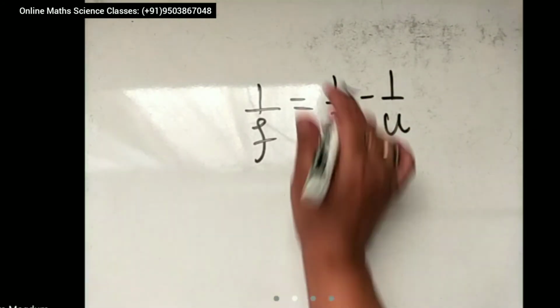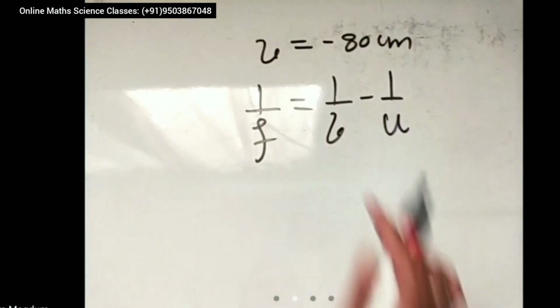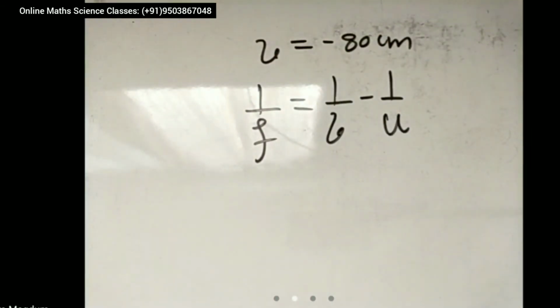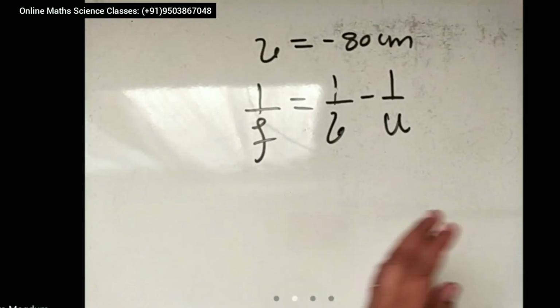And in this, v is minus 80 centimeter. Why negative? Because the image is forming on the screen, which means the image is real and inverted, and also we are using a concave lens. So we have written this as negative, and we know all inverted images will form in front of the concave lens, in front of the lens only.